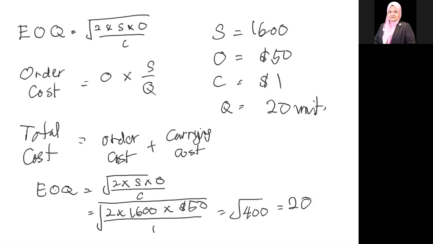Next, we want to know how much is the total cost. So order cost is equal to order cost per order times usage divided by quantity.